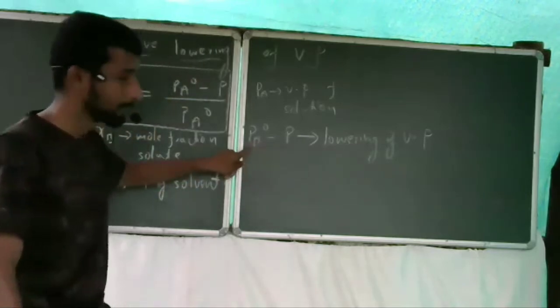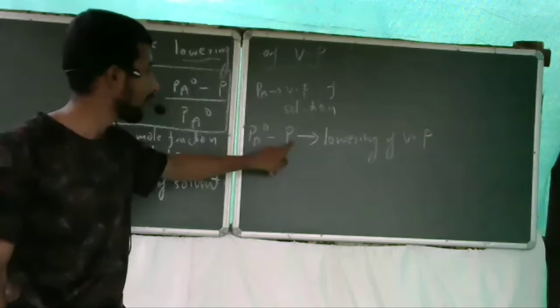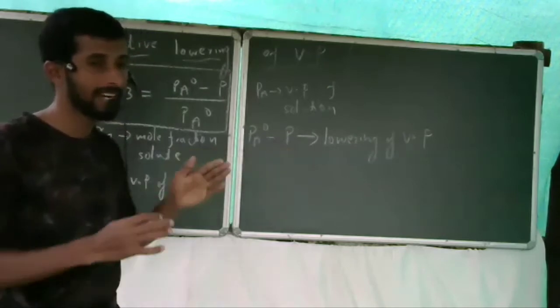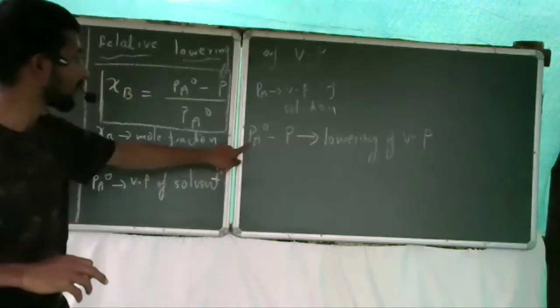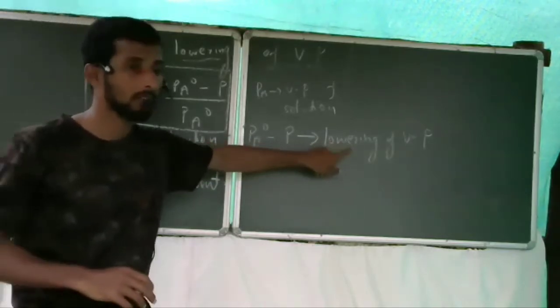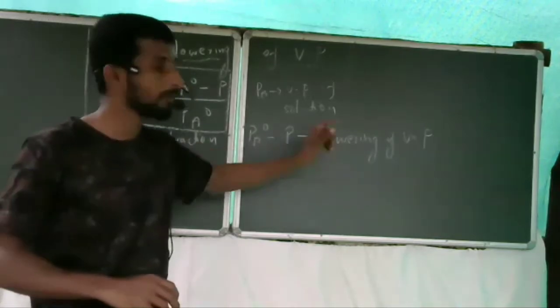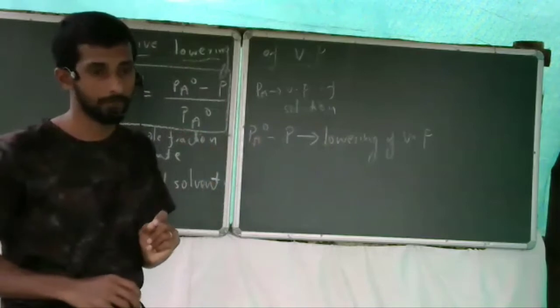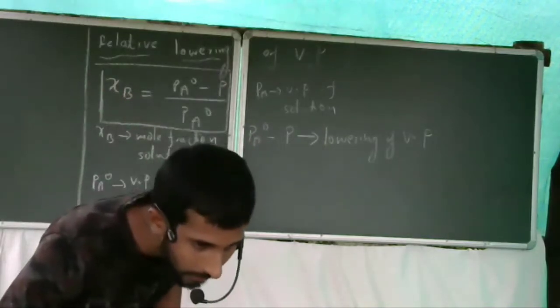Nothing but the vapor pressure of the solvent minus the vapor pressure of the solution. That difference is called lowering of vapor pressure. Remember this point: lowering of vapor pressure is not a colligative property.